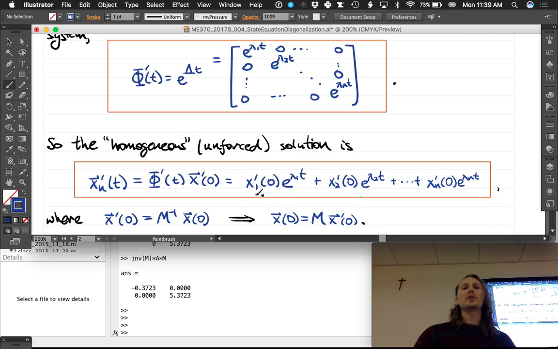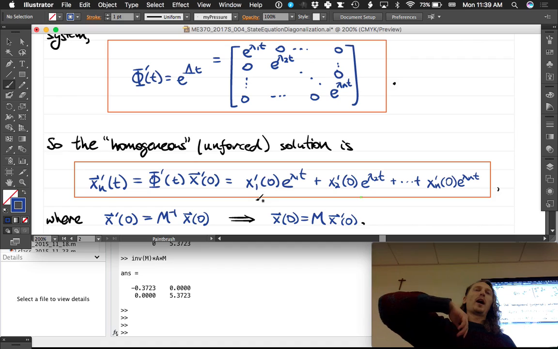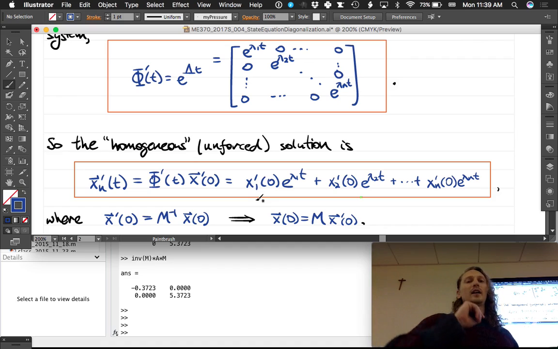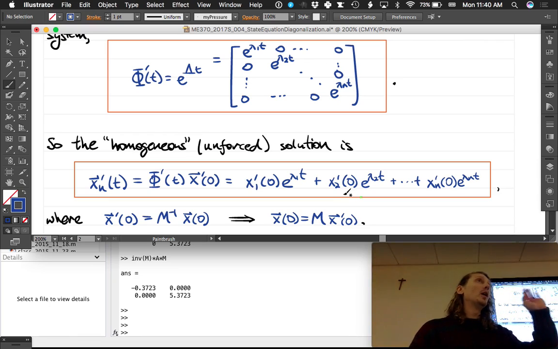So we have the initial condition of the primed state variable x1 times e to the lambda 1 t. What if you put 0 in as your initial condition in, say, x1? Would that term contribute anything? No. x2, would that term contribute anything? No. So your initial condition essentially excites only the one mode, okay?